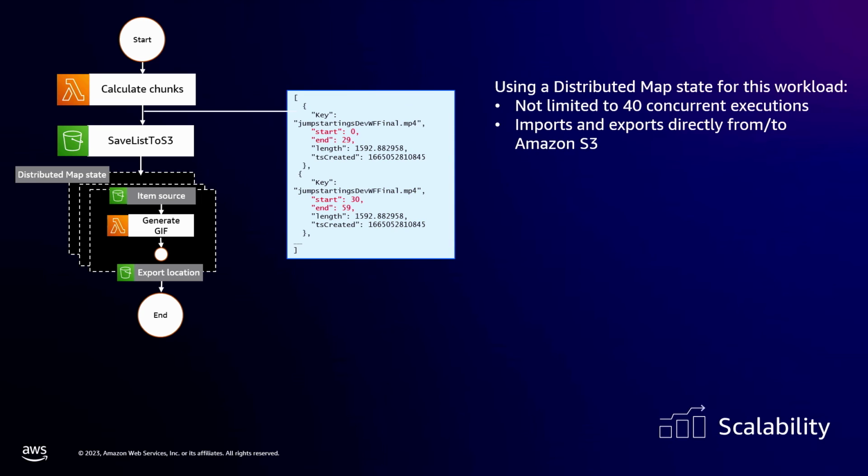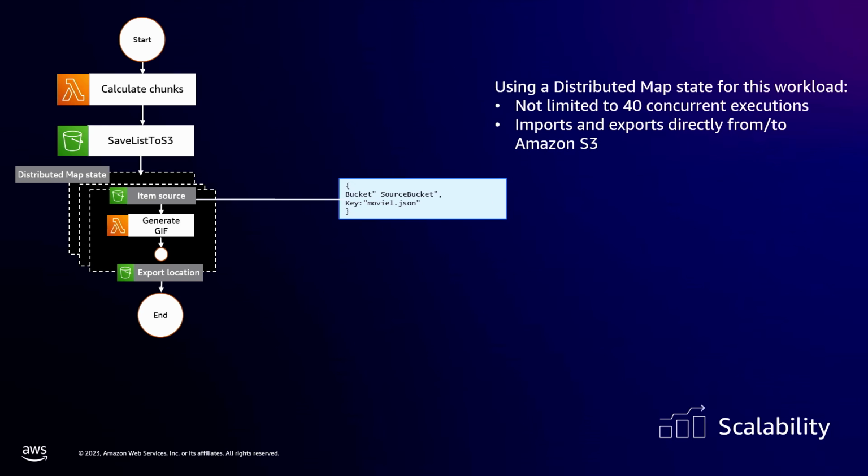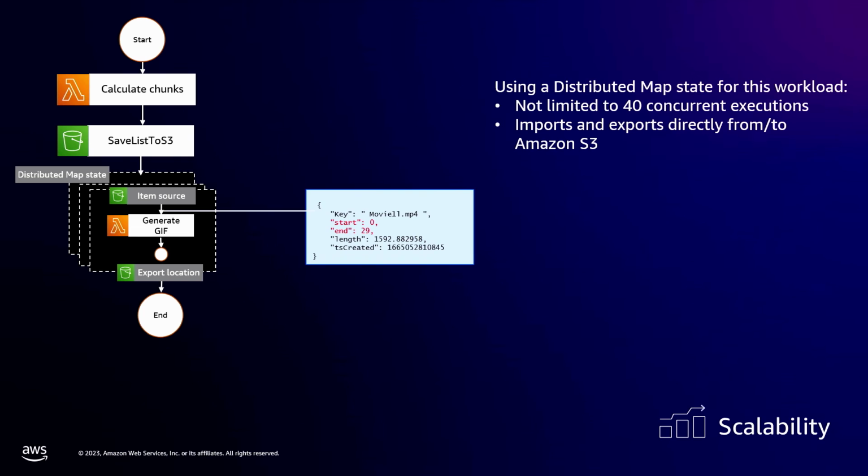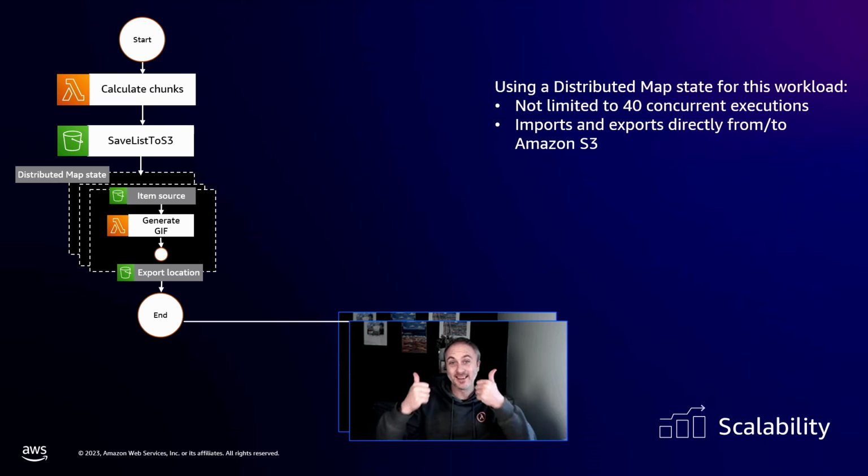The first thing the workflow does is it uses a Lambda function to say, okay, based on the size of this MP4 file, if I have to make a GIF animation for every 30 seconds, here's an array of where every one of those GIF animations needs to start and finish. I save that array in S3. I pass that to my distributed map state. My distributed map state, in parallel, runs a Lambda function to create each GIF animation. And here's the result, a silly picture of me giving a thumbs up.